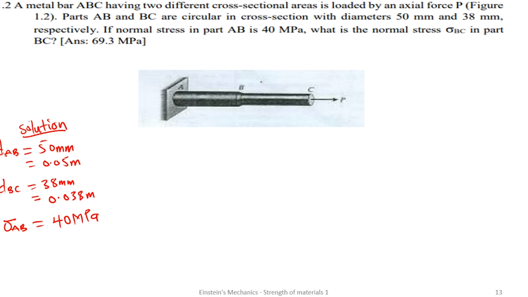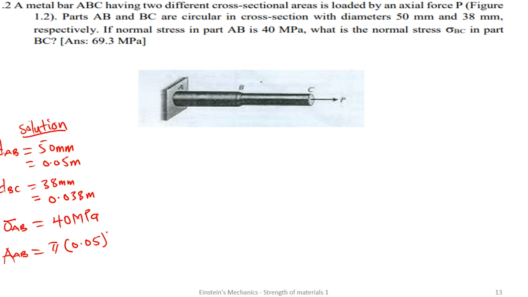What else do we have? So once we have diameter, we can calculate for area. Are we good? So can we say area in part AB? We are going to do some analysis. Before we are calculating what we will need, the area in AB will be pi d square over 4, d being 0.05.